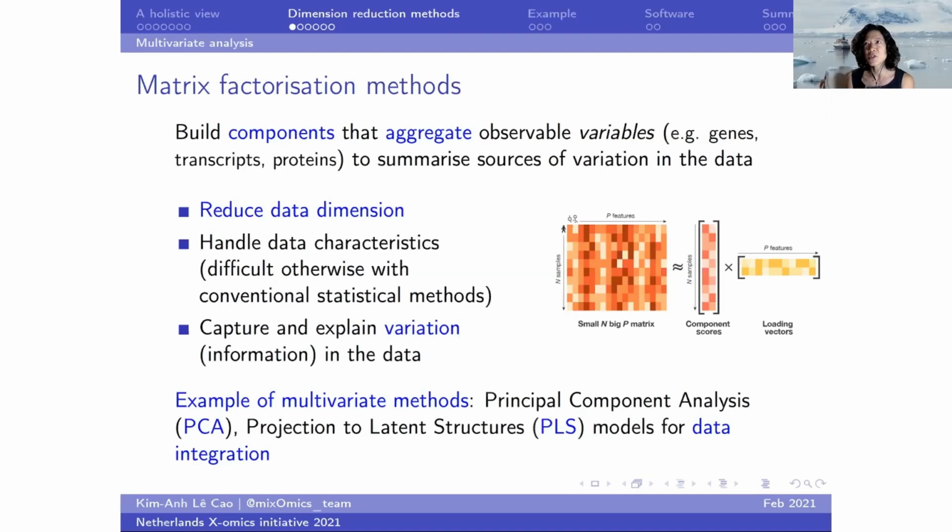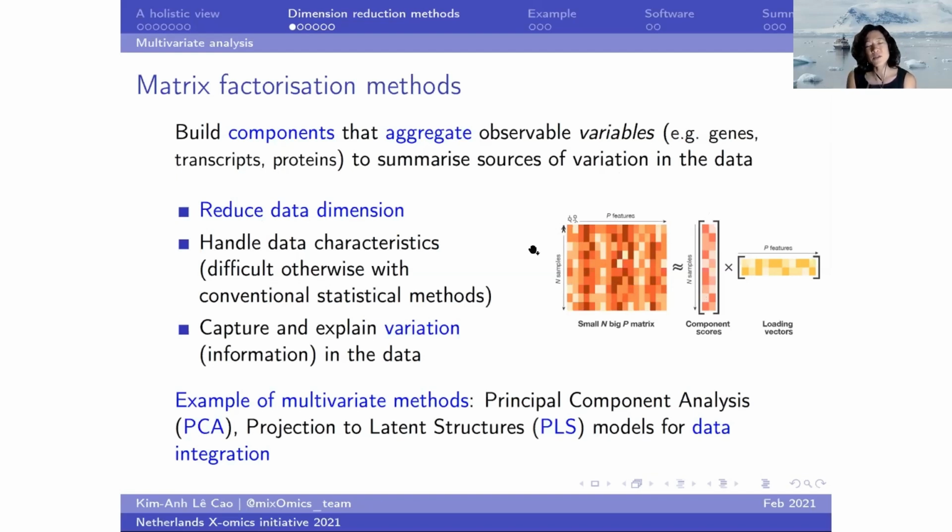Usually that information is based on either variance or covariance, depending if you're looking at one data set or two data sets or more than two data sets. They're very useful because those components reduce the dimension of the data. So instead of considering a big data set, here you have n individuals or samples and p features or p variables, we're going to only summarize this big data set into a set of components.